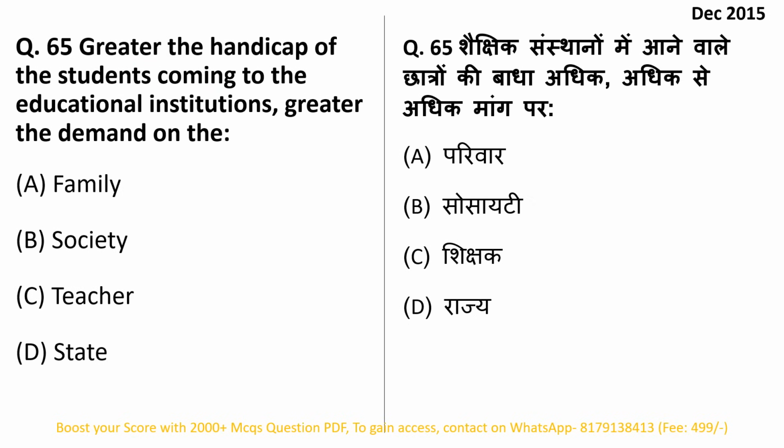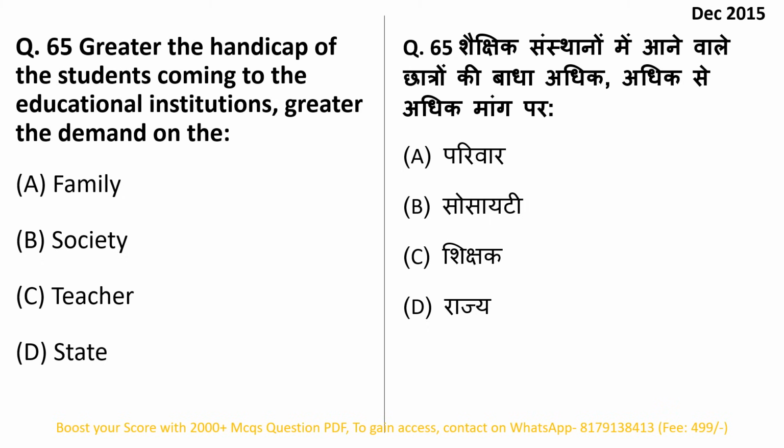The greater the handicap of students coming to the educational institution, the greater the demand on family, society, teacher, or state. See, in a class there could be a variety of students. They could be physically handicapped, or they could have visual problems, or hearing problems. So the teacher has to manage everything.